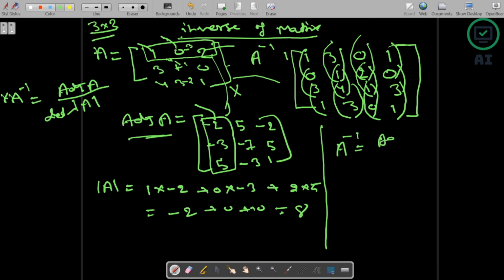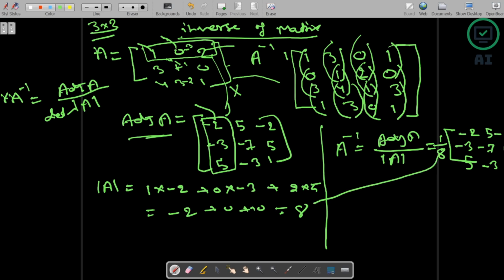So what is A inverse? Adjoint of A divided by determinant of A. Adjoint of A is this: -2, 5, -2, -3, -7, 5, 5, -3 and then 1, and then 1 by 8, which is nothing but this.